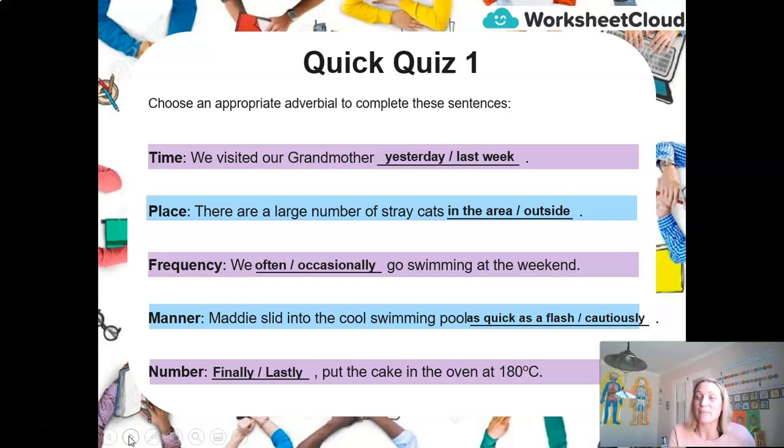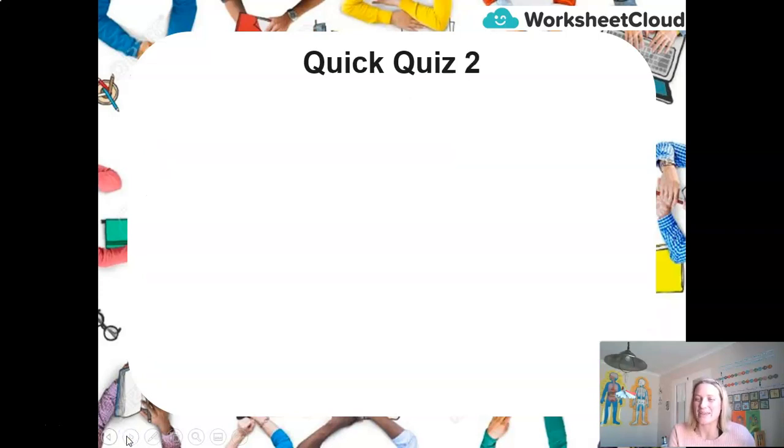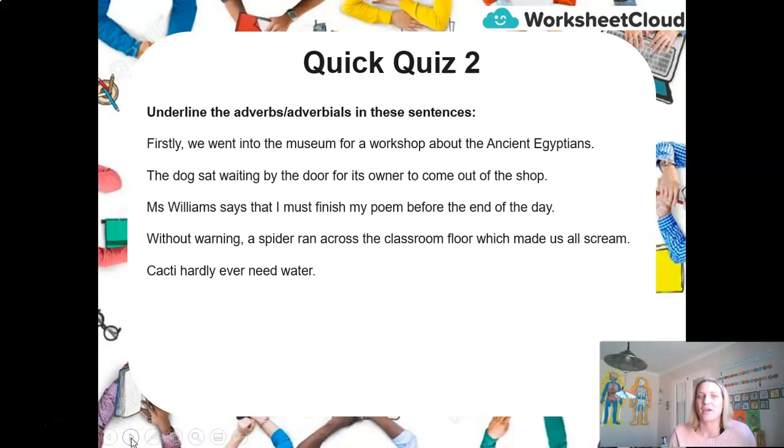Now let's have a look at my last quick quiz for today, quick quiz 2. Underline the adverbs or adverbials in these sentences. So now I don't want you to make one up, I want you to identify them. Firstly, we went into the museum for a workshop about the ancient Egyptians. The dog sat waiting by the door for its owner to come out of the shop. Miss Williams says I must finish my poem before the end of the day.